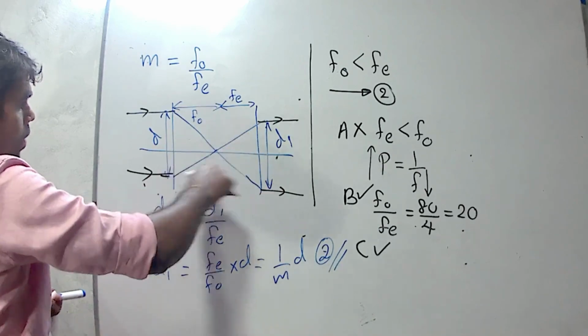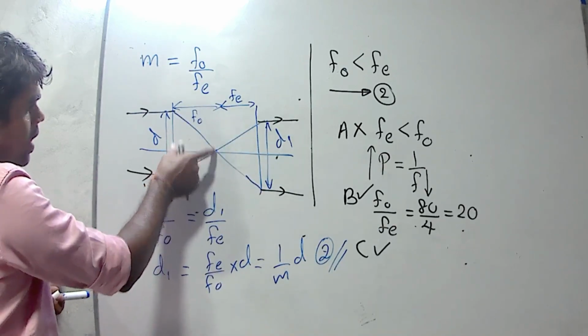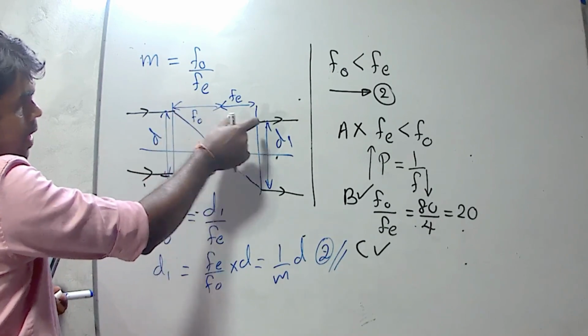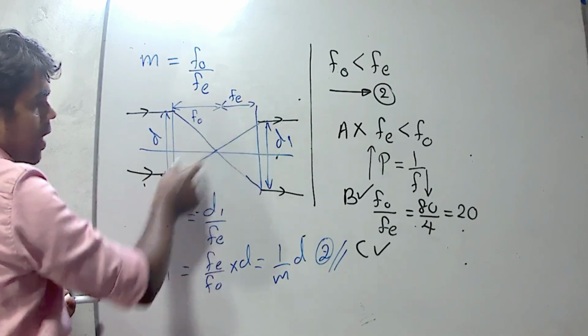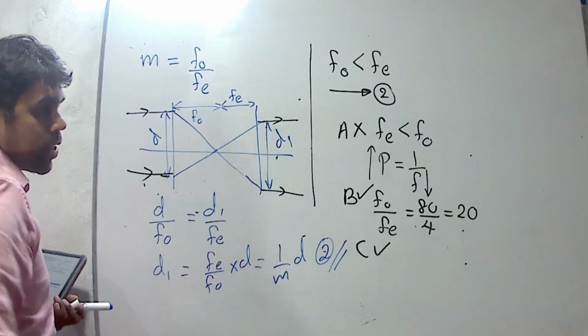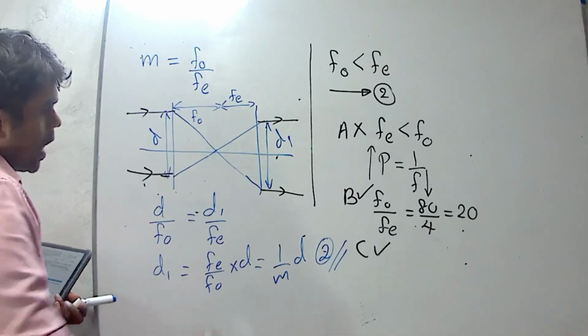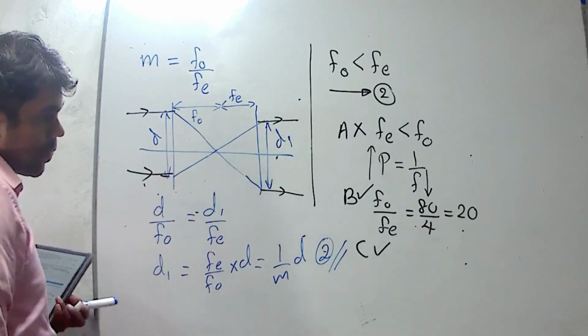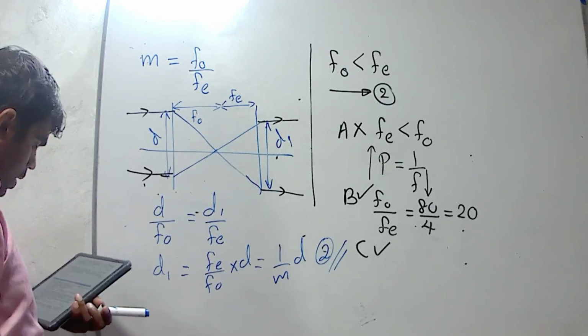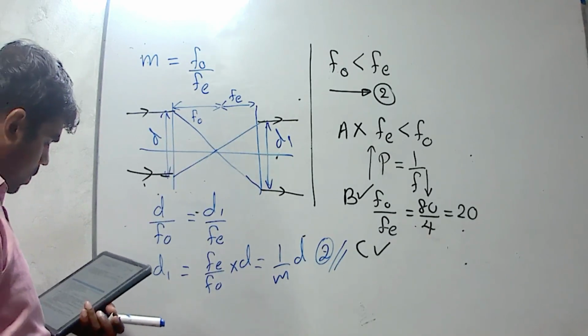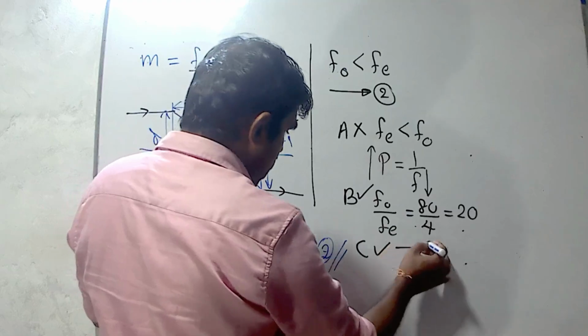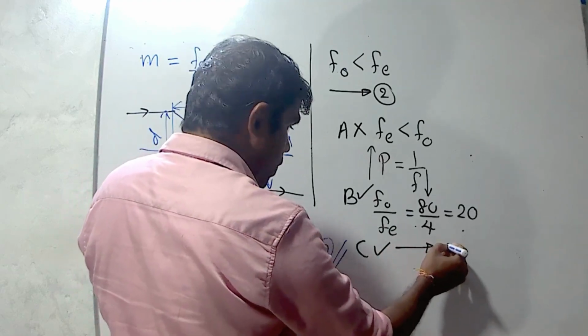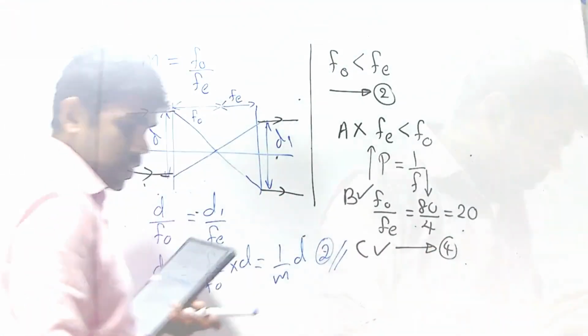Therefore, for the normal adjustment, this length is the objective focal length, this length is the eyepiece focal length. Then the sum of focal lengths should be equal to the gap between the two lenses. Then B and C are true. Correct statements. The fourth one is the correct answer.